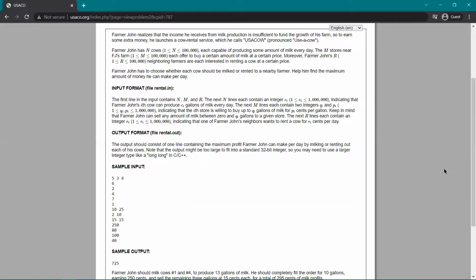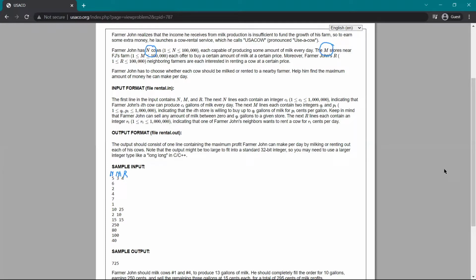So if you read the input format, you can read that the first line contains the variables N, M, and R. N, as said here, is the amount of cows, each capable of producing some amount of milk every day. And M here are the stores near Farmer John. That means there are certain stores that want to buy his milk at a certain price.